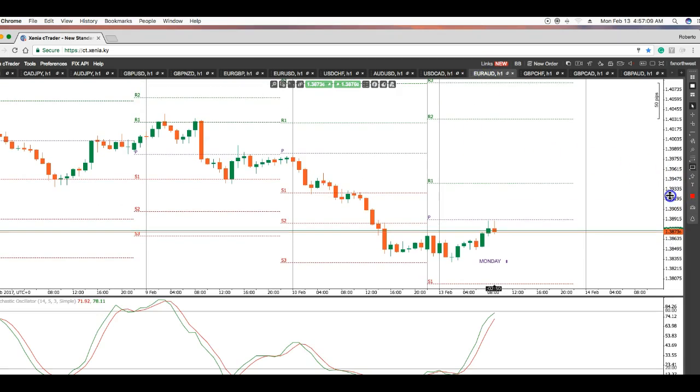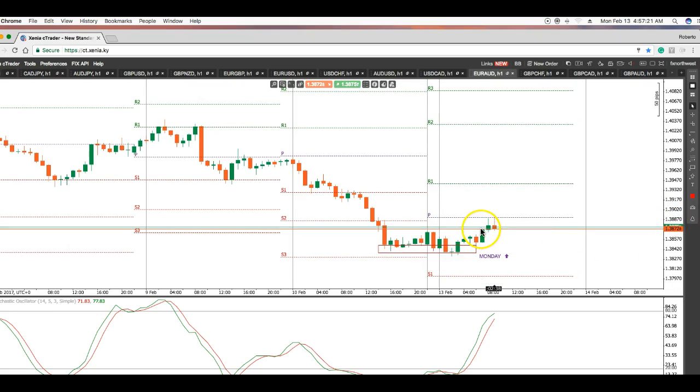Here's Euro Australian dollar. Huge sell-off on Friday, and this pair is still developing. This Monday retracement is still working out, and hopefully it can get all the way up to this level of resistance, support turned resistance.